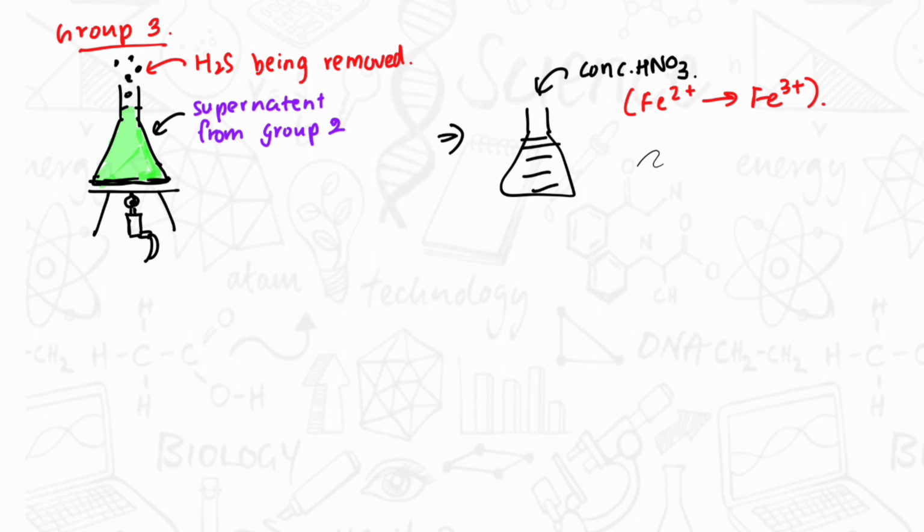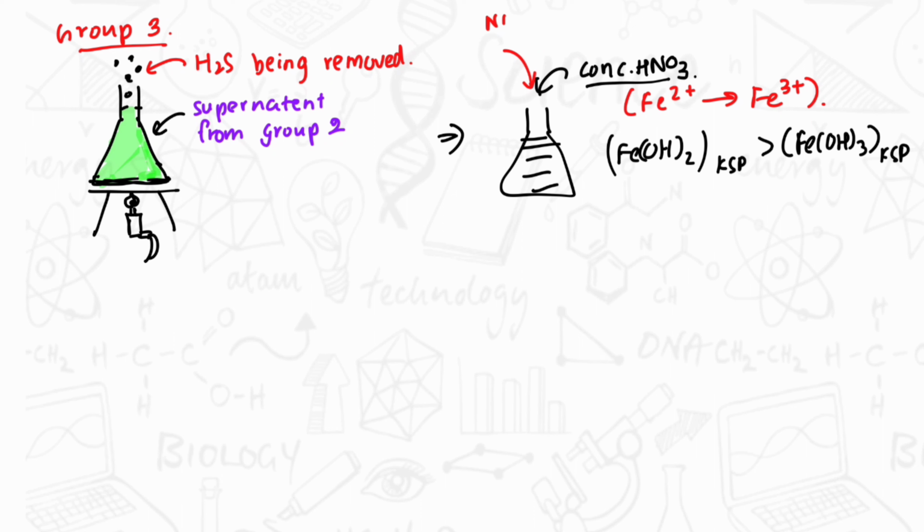This is done because the Ksp value of iron 2 hydroxide is greater than the Ksp value of iron 3 hydroxide. As a result, iron 3 hydroxide will get precipitated, but a larger concentration of iron 2 hydroxide will not get precipitated. In order to avoid this, we add concentrated nitric acid and then we oxidize all the iron 2 ions into iron 3 ions.